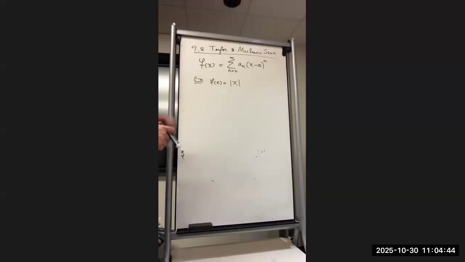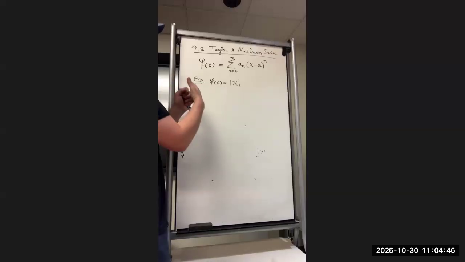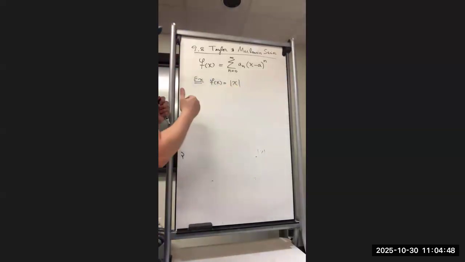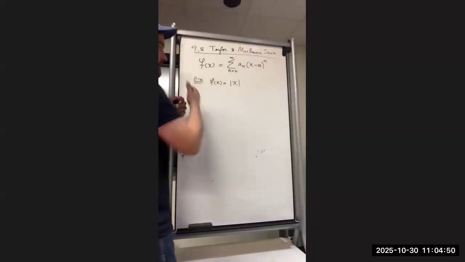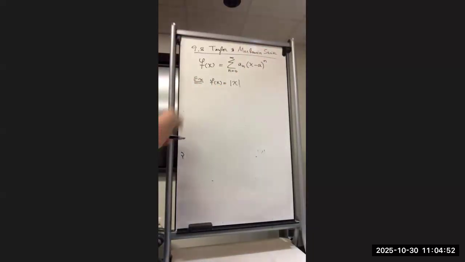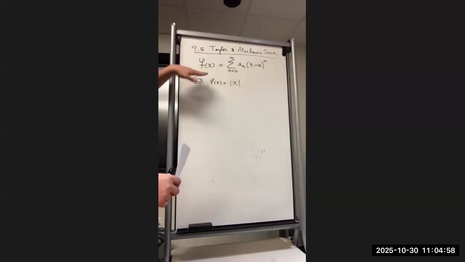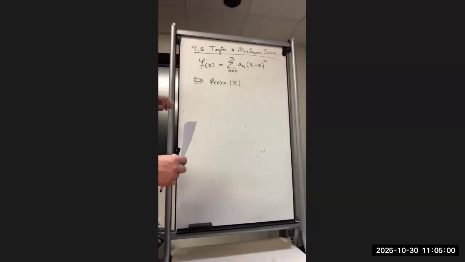So a function can be infinitely differentiable, or smooth, everywhere or at a point. For the sake of Taylor and Maclaurin series, we're going to assume that our function is at least smooth at a given point. Which point in particular? At the center of the series, right?